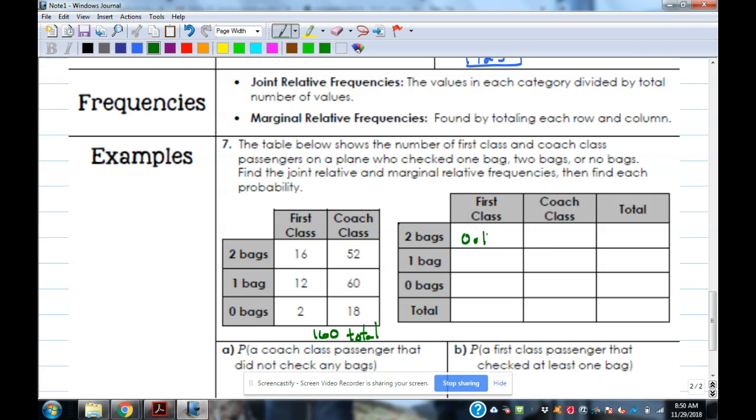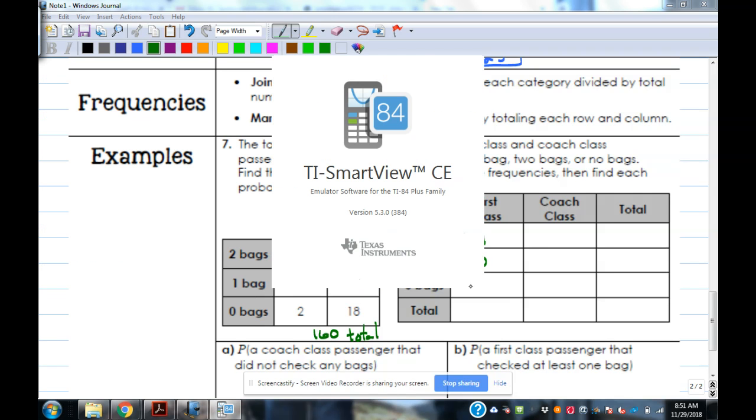Same idea. Let's just go down that first class since we're already there. 12 out of 160. What is it as a decimal? 12 divided by 160. 0.075.